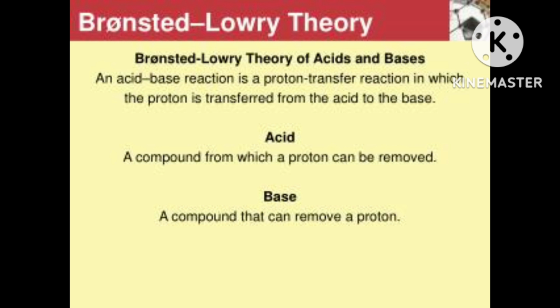Oxygen has 6 electrons, 1 has been given to hydrogen. Then now 5, not 6, 5 is remaining. And here you can say minus is there, because the octet is not completed for both. Oxygen has 6, hydrogen has only 1. Then the total is 7 only, so the octet is not completed.